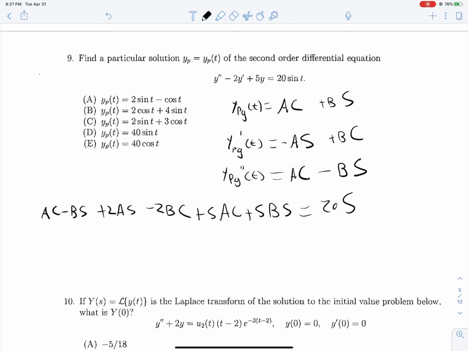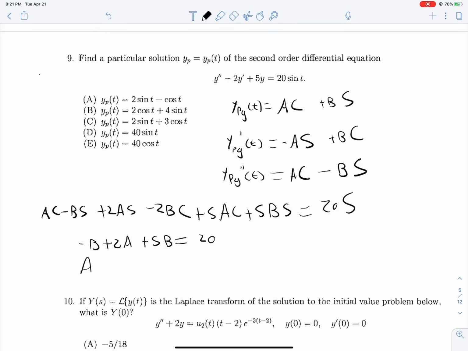So all of our s terms together, we have negative b plus 2a plus 5b is equal to 20, and we can take all of our c terms together.